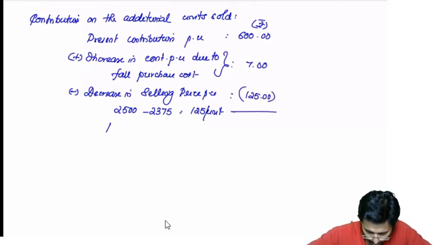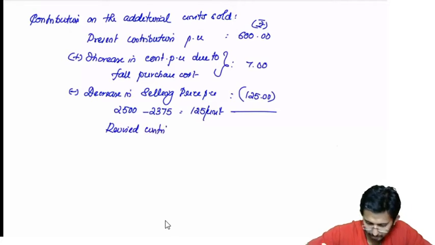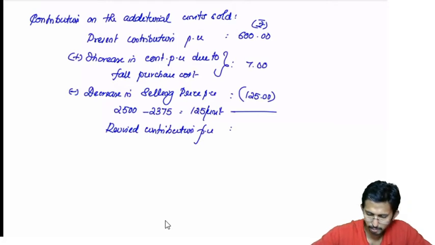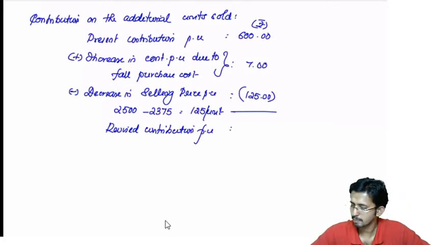Okay, so revised contribution per unit will be 600 plus 7 minus 125, that is 482.